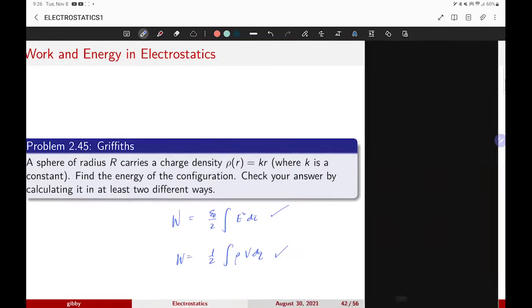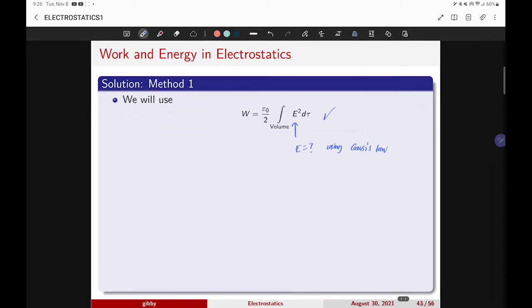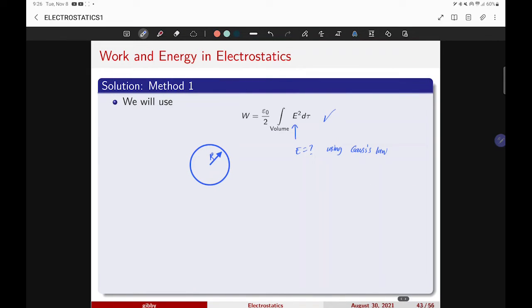So what is this system? This is a system of a sphere of radius R. So what is its electric field?